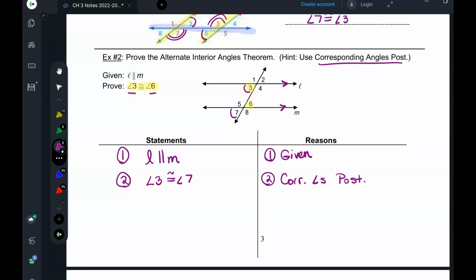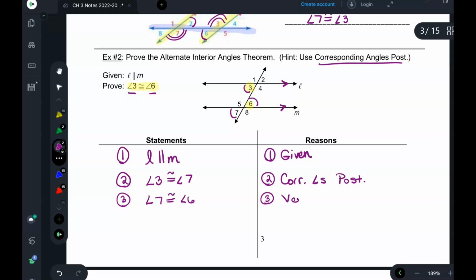And again, what are we trying to get? We're trying to get 3 and 6. Well, what do we notice about angle 6 and angle 7? They are vertical angles. So I can say angle 7 is congruent to angle 6, and the reason is vertical angles theorem.